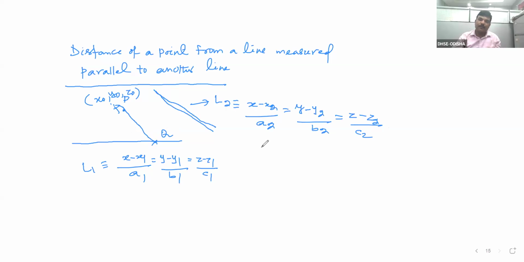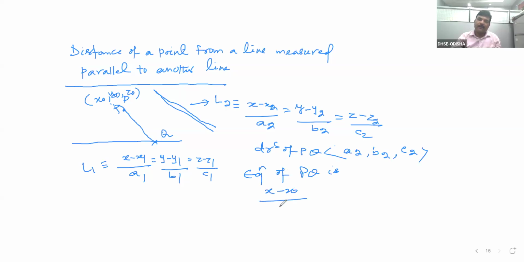So DRs of PQ are a2, b2, c2. So the equation of PQ is (x minus x0) upon a2 is equal to (y minus y0) upon b2 is equal to (z minus z0) upon c2.